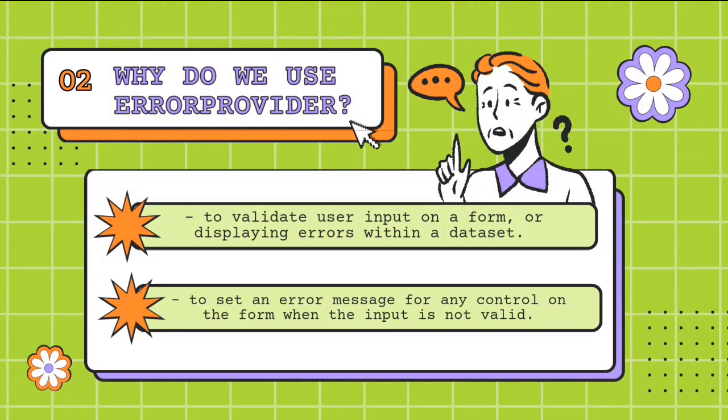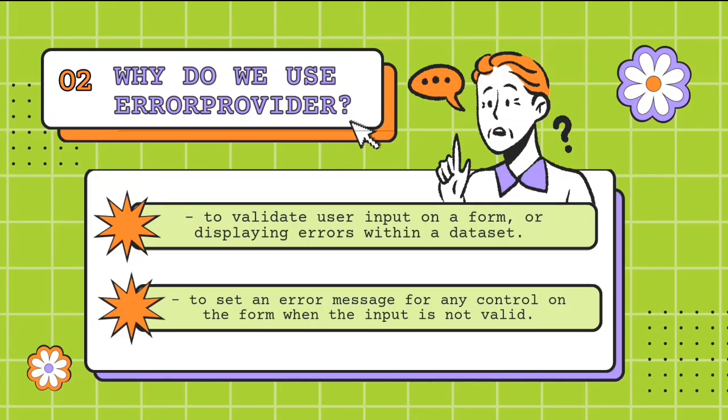At this point, you might be having the idea of the usage and significance of this tool. To elaborate further, error provider is used to validate user input on a form or display errors within a dataset.